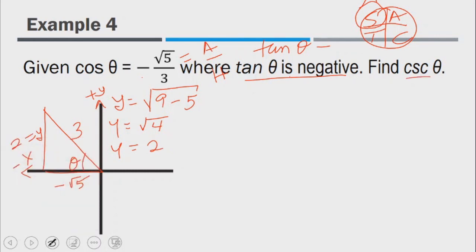Now we need to find the cosecant theta, which is the reciprocal of the sine. So let's find the sine theta. Sine theta will be the opposite, in this case 2, over the hypotenuse, which is 3. So cosecant theta will be 3 over 2.